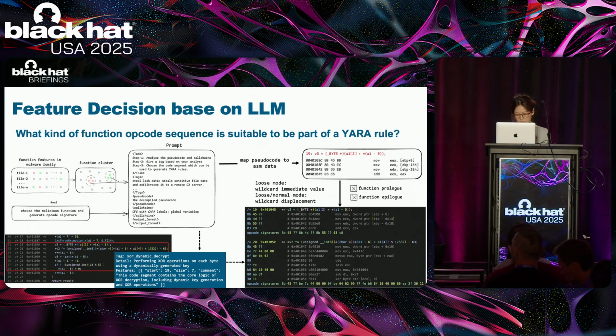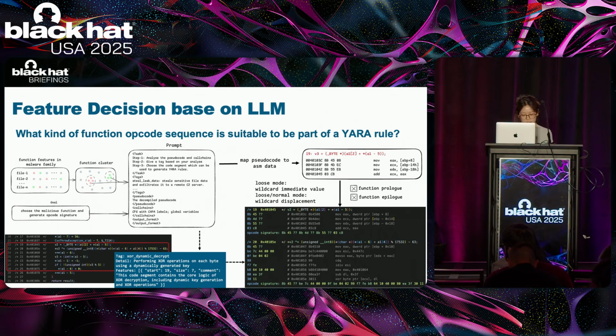representative label. Besides the pseudocode, we also give the function context information, such as capa labels of its sub-functions and the global variables it refers to, to help analyze the function. The model output should include the function label, the explanation, and the line numbers and lengths of the code segment suitable for a part of YARA rules.